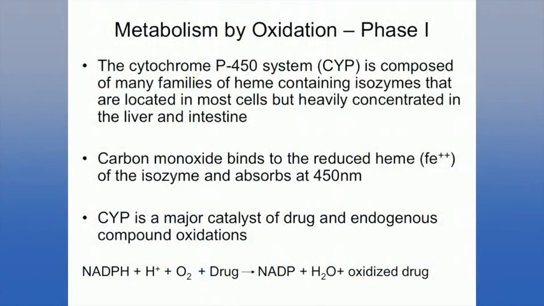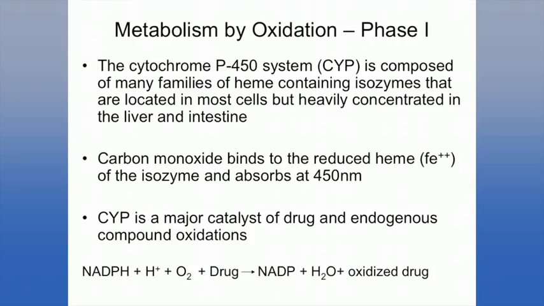So let's talk about oxidation just a little bit more, because this is actually an important concept when it comes to discussing pharmacogenomics. How does the genetic makeup alter the handling of medications? So let's talk about the cytochrome P450 system in a little bit more detail. It is composed of many families of heme-containing isozymes. That's in part why it's called cytochrome.